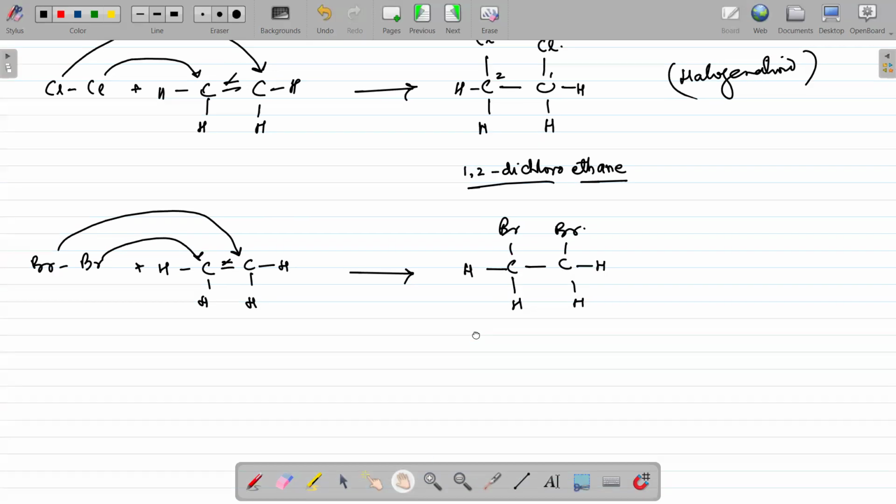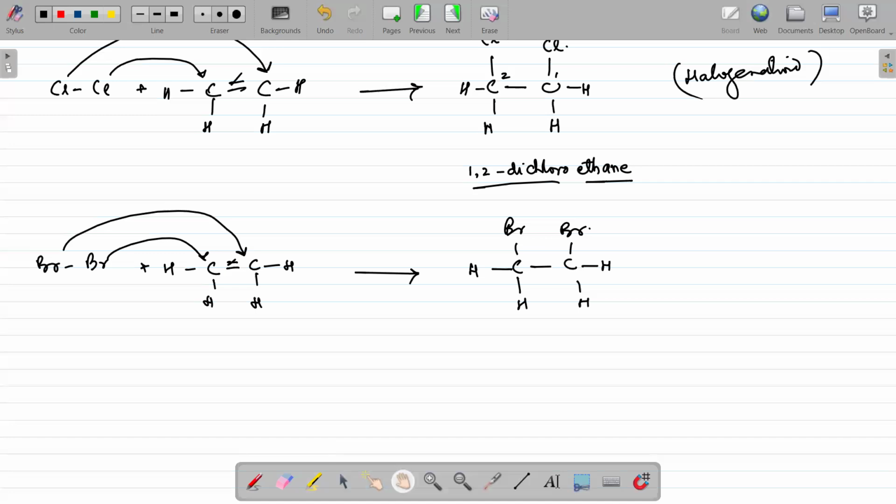But remember, this reaction is very important because we can use this reaction for an identification test of unsaturated hydrocarbons, right? So we will use this test.